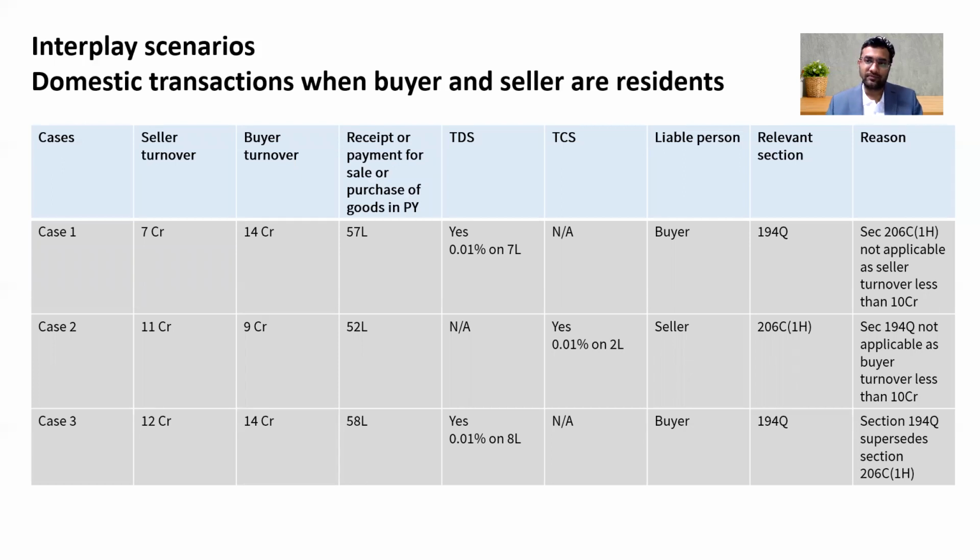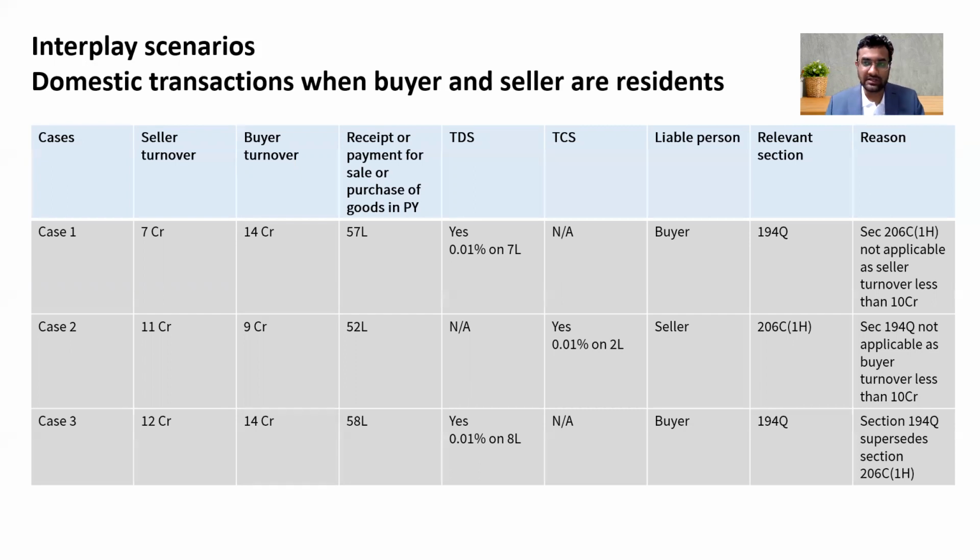Now case 2. Case 2 tells us that the seller turnover is more than 10 crores, which is 11 crore rupees, and the buyer's turnover is less than 10 crore, which is 9 crore rupees. As soon as I see this, section 206C(1H) is applicable, and the seller has the responsibility to collect tax at source from the buyer at 0.1%.